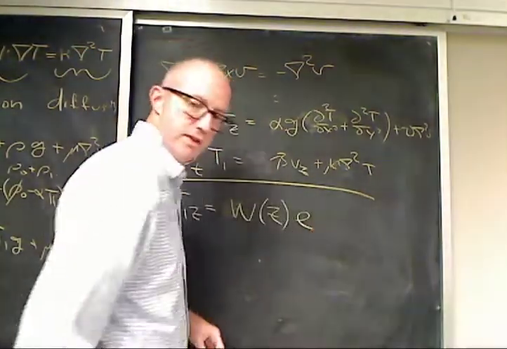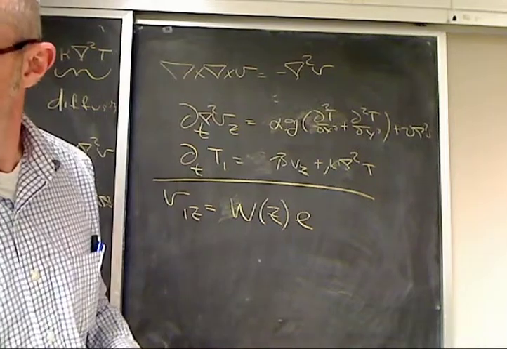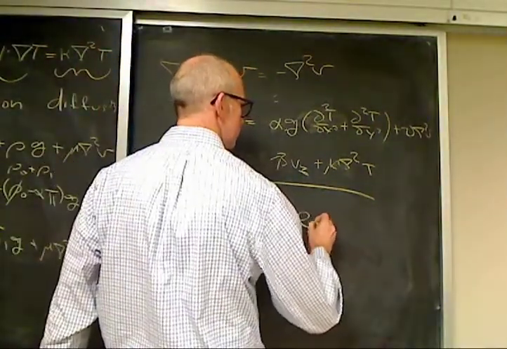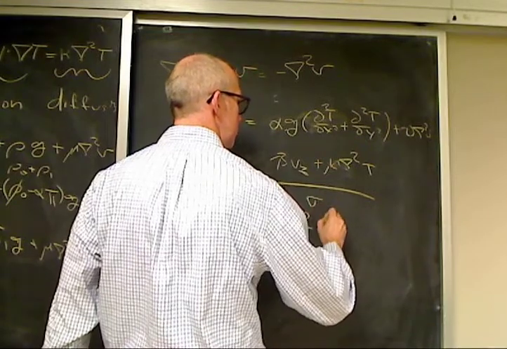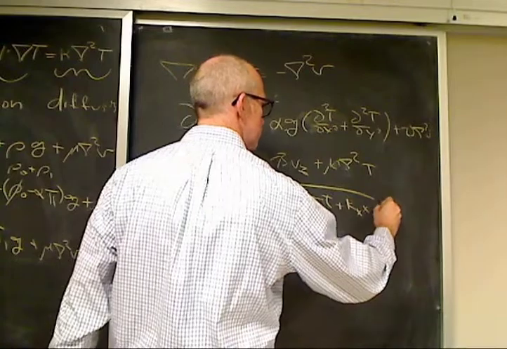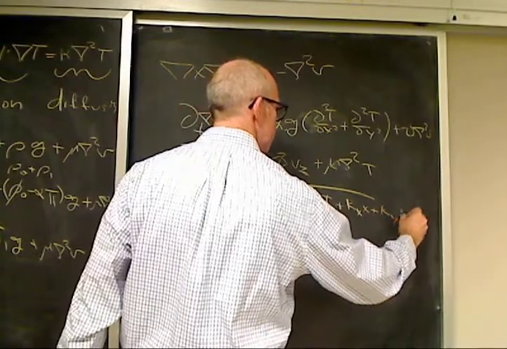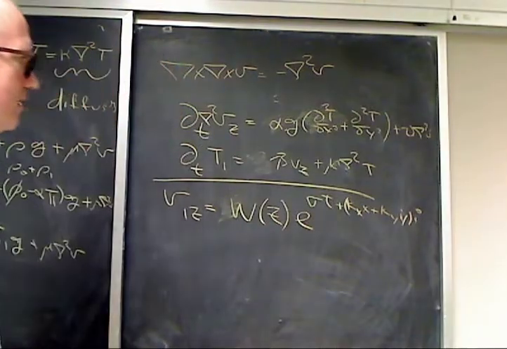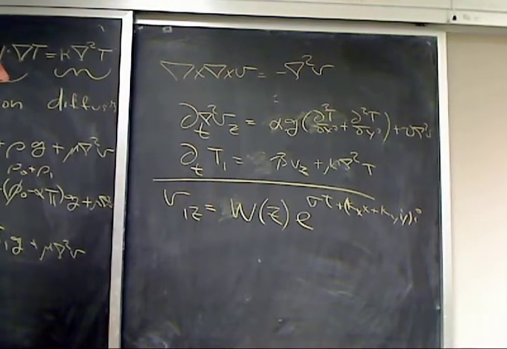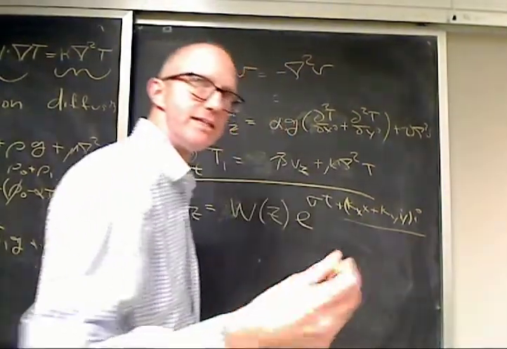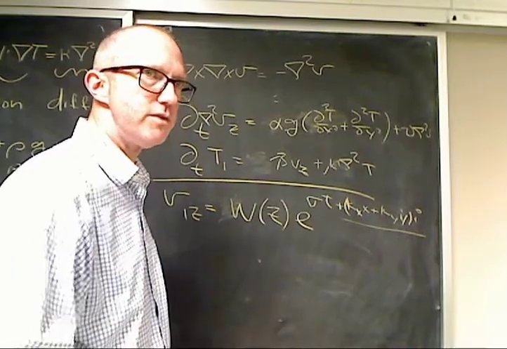And then for the rest of the behavior, we can assume that it's going to go like e to the sigma t plus kx x plus ky y. There's an i on these two, but not on time and not on W, because of the boundary conditions. So I like just saying e to the i(kx minus omega t) for everything, and when you have free space you can do that.